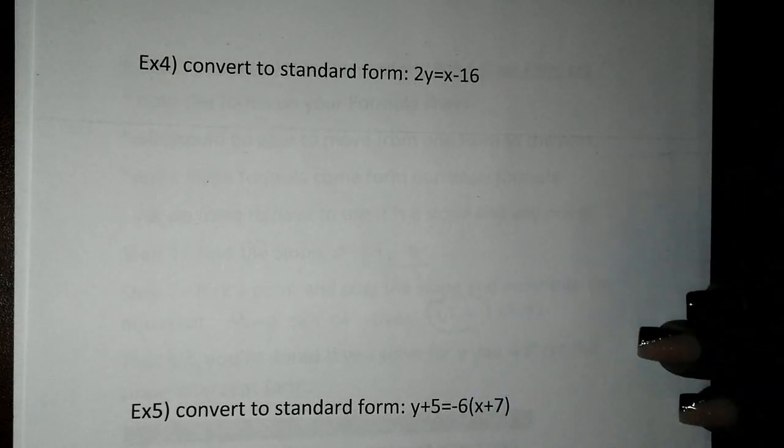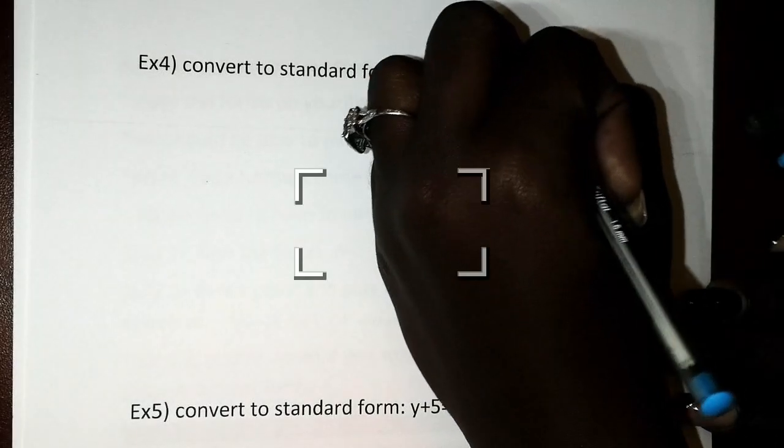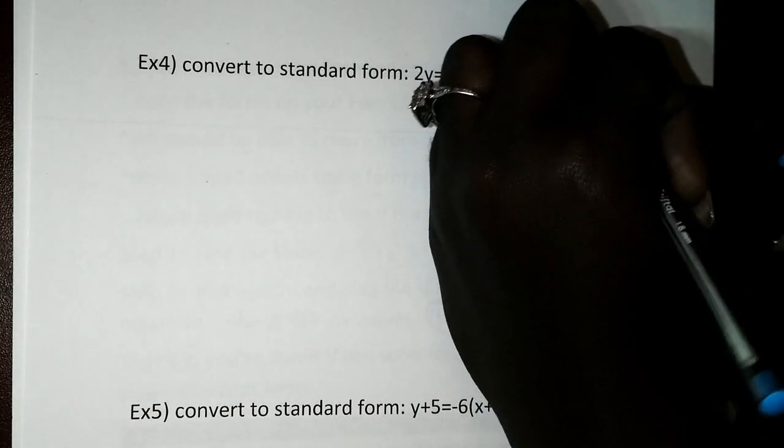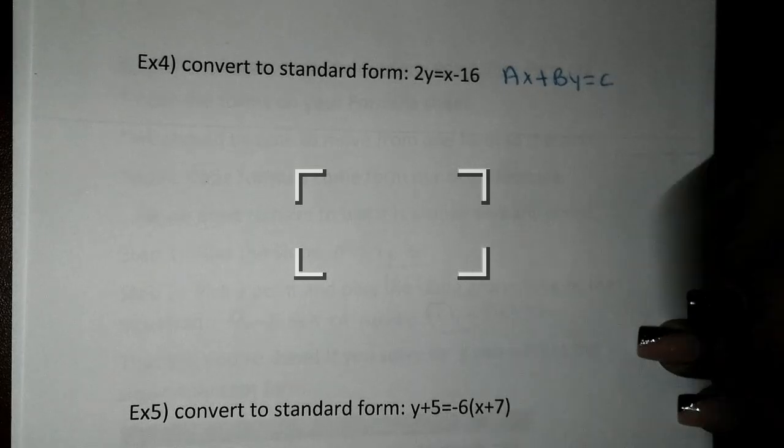Standard form means it's going to look like this: ax plus by equals c. Meaning the coefficient in front of your x is your a, the coefficient in front of your y is your b, and your c is your constant. That's the number without a variable. So we're trying to get our two coefficients together and our constant, our number without the variable, by itself.